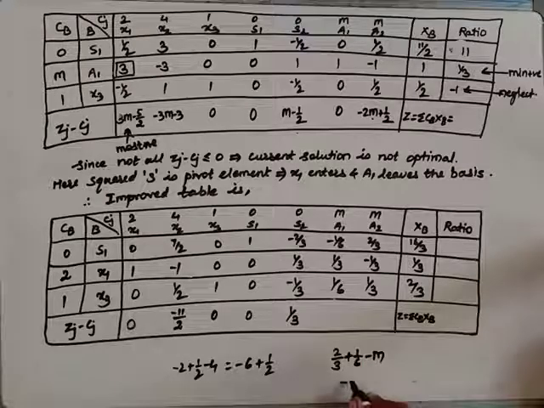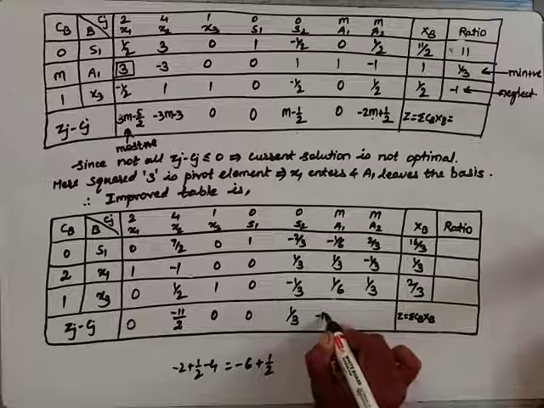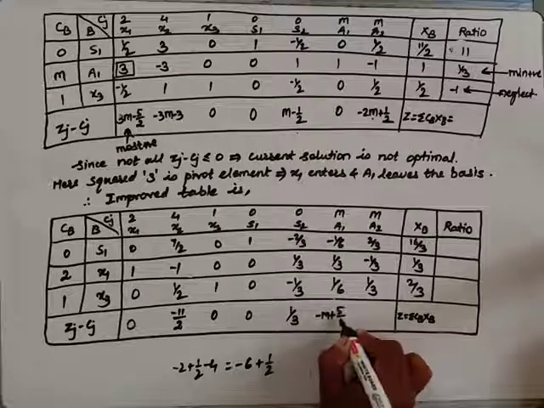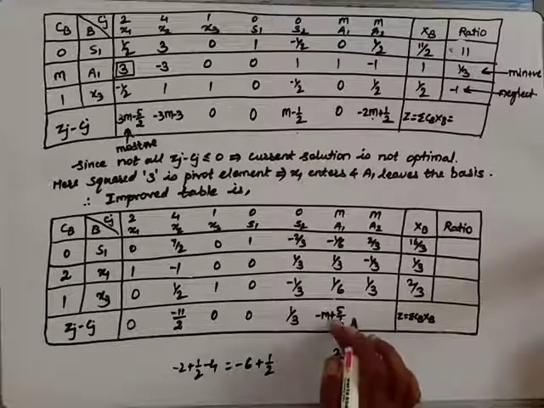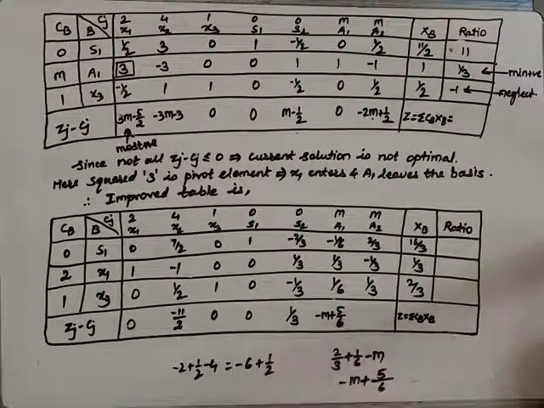So minus M plus, LCM will be 6. So what is here? 4 plus 1, so 5 by 6. So minus M plus 5 by 6. So it is a negative quantity because M is a sufficiently large positive number.